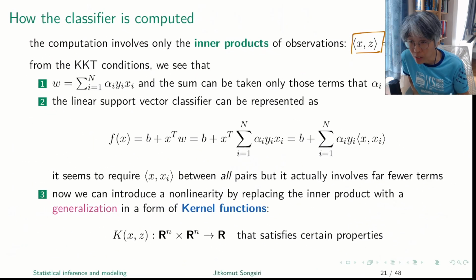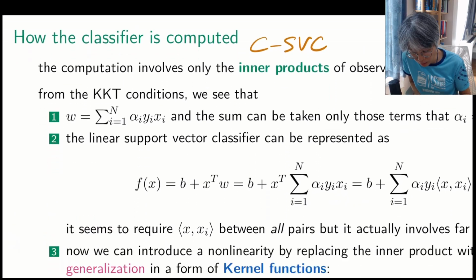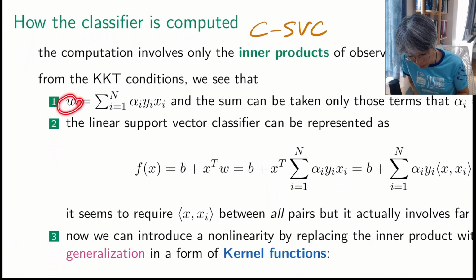In KKT conditions of the dual, in the SVC formulation, it turns out that at optimum, your w is the weighted sum of alpha_i y_i x_i. Alpha_i is the Lagrange multiplier. x_i and y_i are data points.